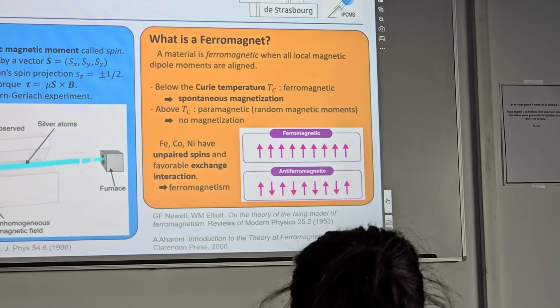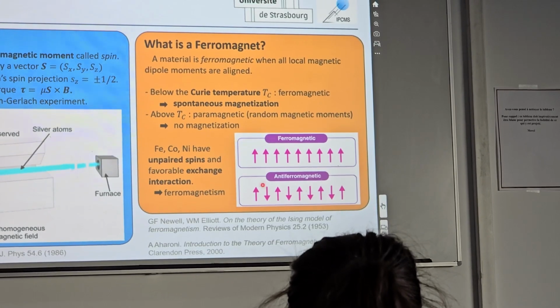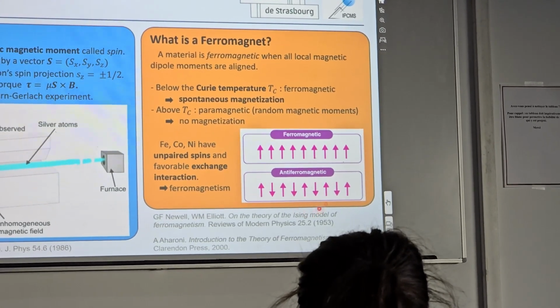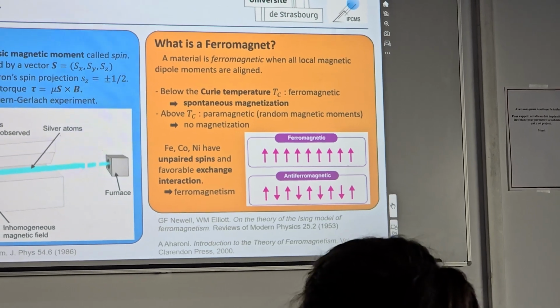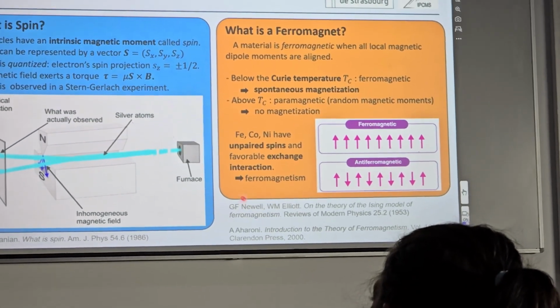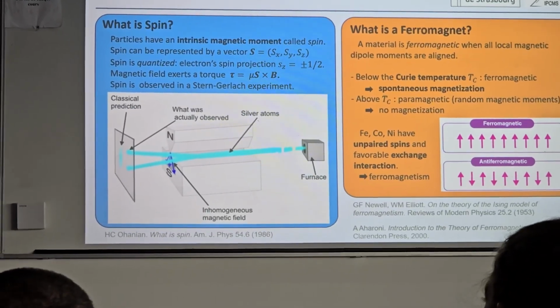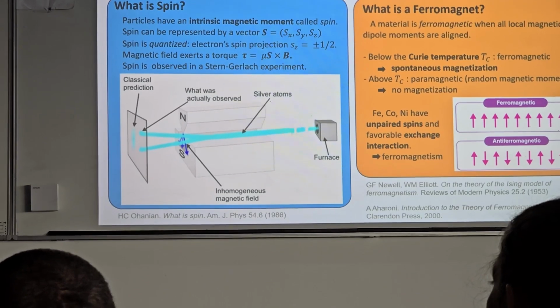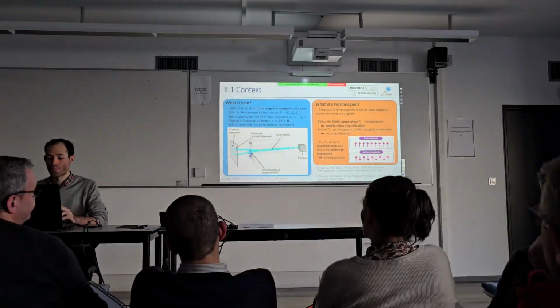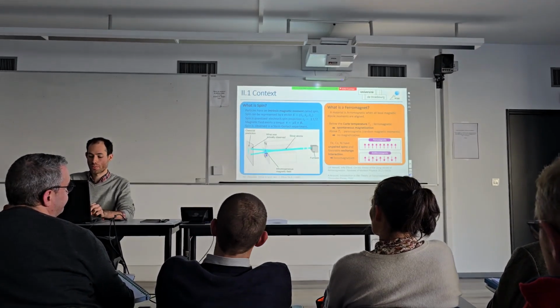And when all magnetic moments are anti-aligned, you have an antiferromagnet, which is also non-magnetic. Elements like iron, cobalt, and nickel have an unpaired spin, and so when you stack them together, they have a favorable exchange interaction, such that all magnetic moments align, and ferromagnetism emerges.